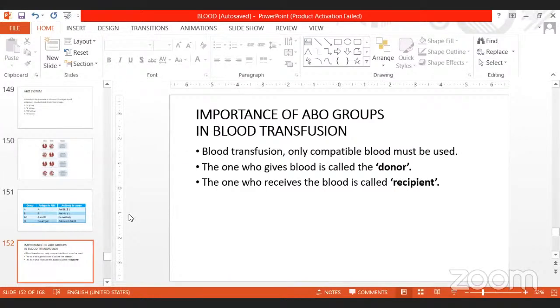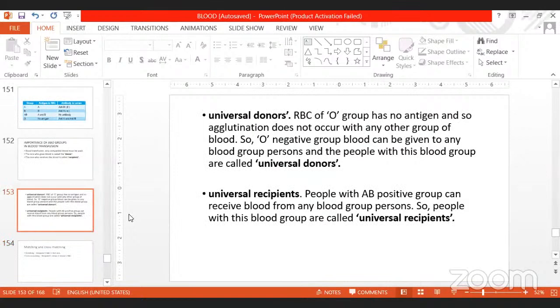The universal donor: the RBC of the O group having no antigen, and so agglutination doesn't occur with any other group of blood. So O negative, remember the O negative blood group can be given to any blood group person, so they are known as universal donors.